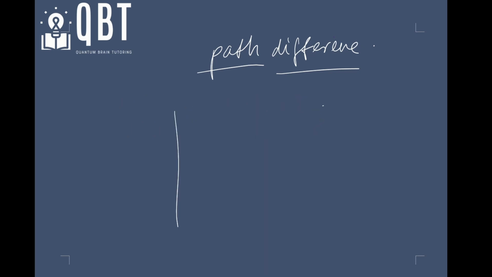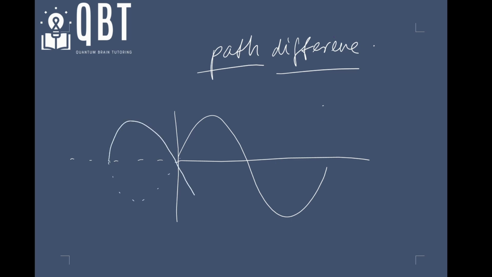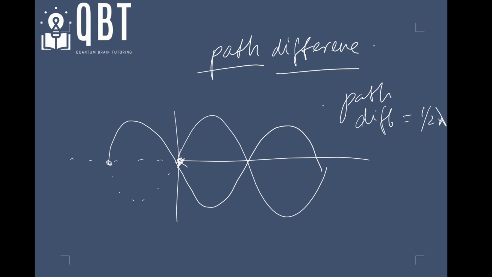So if we imagine this situation where we have this wave and then we have another wave which starts, let's say we extend this and we have another half wavelength here. Let's say it starts here and we have that, okay? This wave has started at this point and this wave has started at this point. So there is a path difference here, okay, which is equivalent to a half wavelength, right?